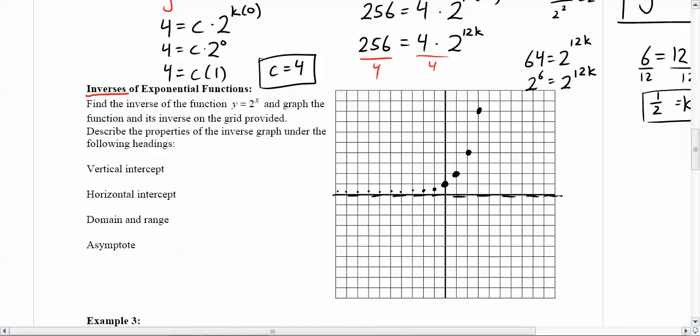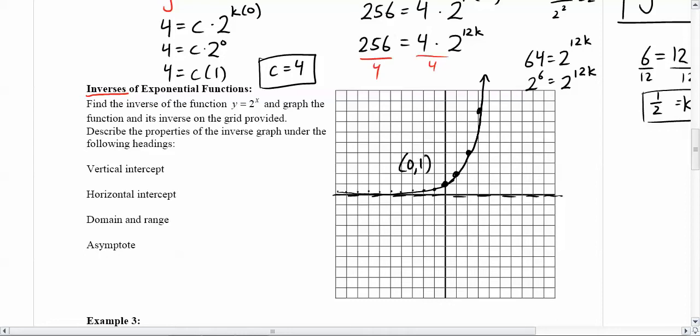Now what I'd like you to do is plot the inverse on the same grid. So this graph goes through the point 0, 1.